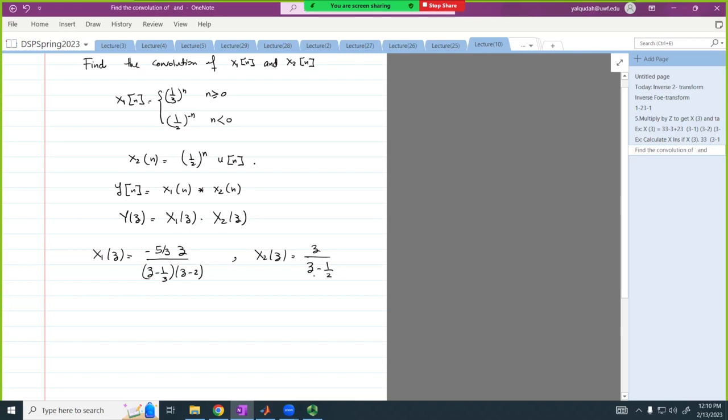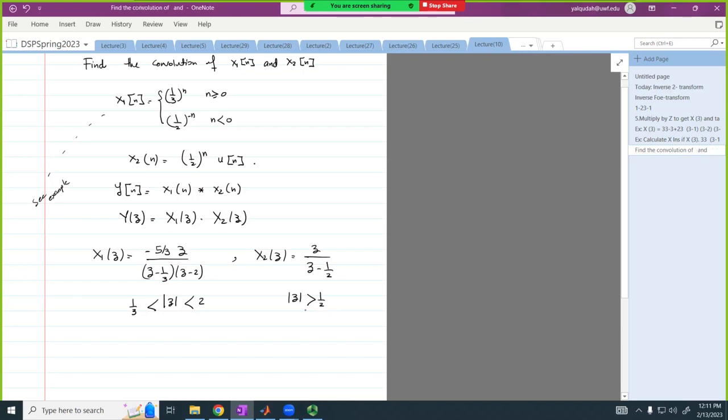Where did I get this from? I calculated it, but we've done an example similar to this. The region of convergence for the first is z between 1/3 and 2. And the region of convergence for the second term is z greater than 1/2.